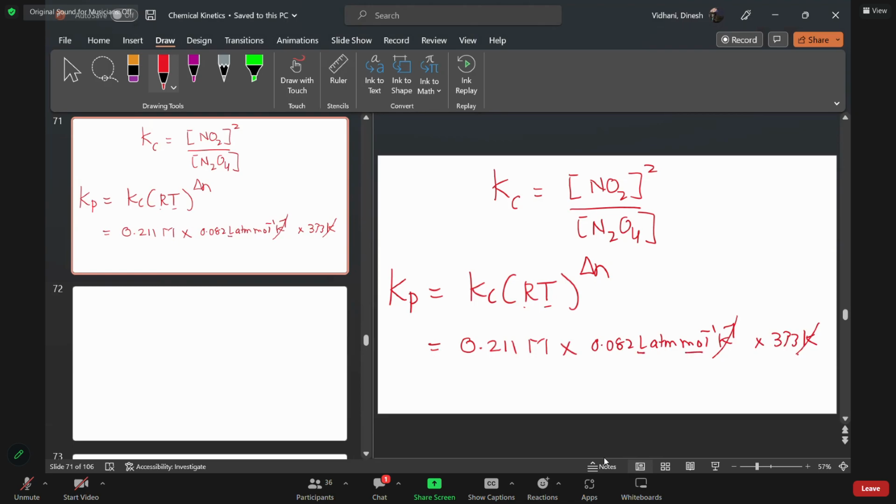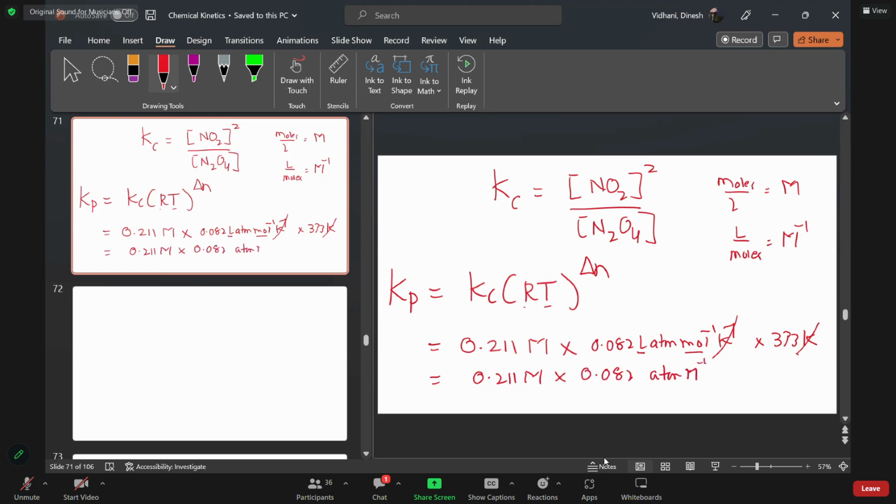Liters per mole is essentially, see, moles per liter equals molar. If I invert it, that is per molar. So I can simply write 0.211 per molar, and I'm adjusting the units at this time only, 0.082 atmospheres per molar per Kelvin multiplied by 373 Kelvin. So Kelvin and Kelvin will cancel out, per molar and molar will cancel out. You will be remaining with atmospheres.